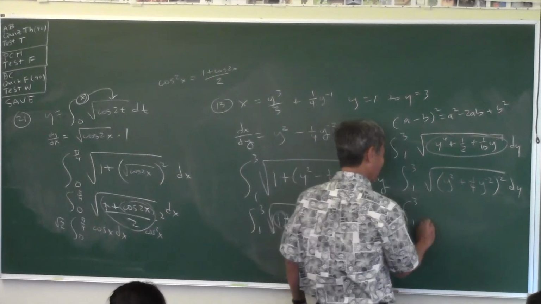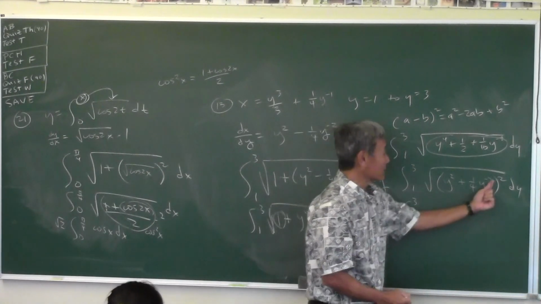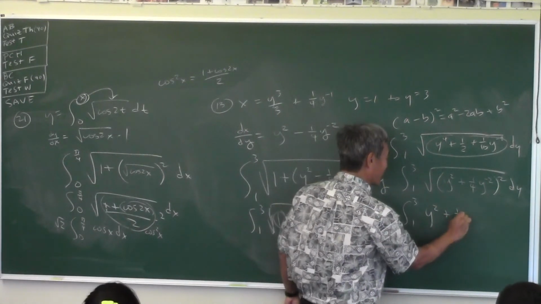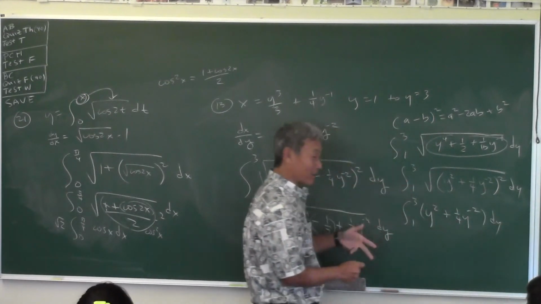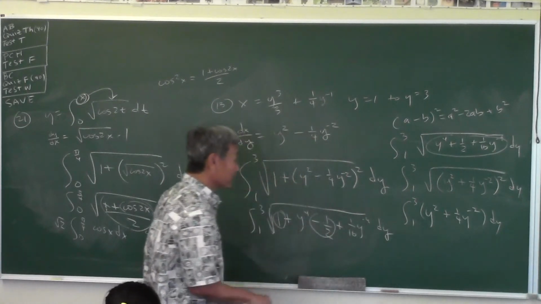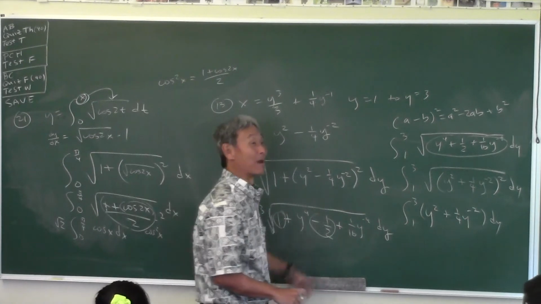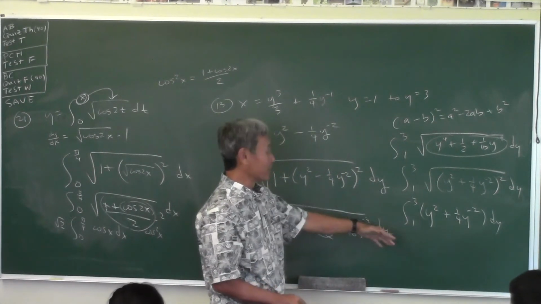And then, what is the square root of gorilla squared? Gorilla. No, absolute value of gorilla. However, on this interval, it's positive, so you don't need to put the absolute value. And then now, all you have to do is find the antiderivative.